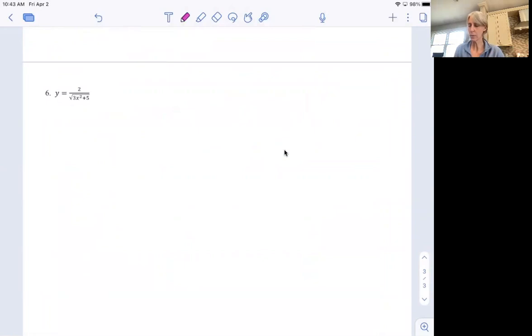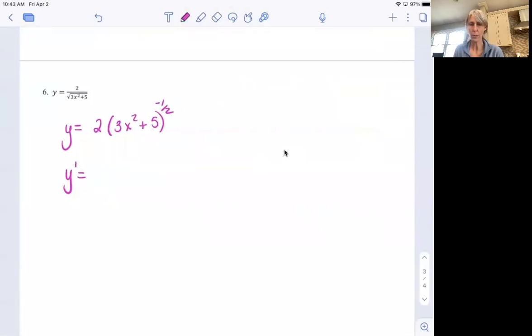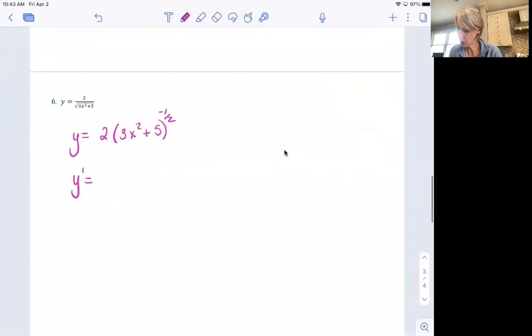In this example, nice and easy, all we have to remember to do is bring this radical sign up top and rewrite it with a negative power before we begin. I have something being raised to a power, so I'm going to use the chain rule. -1/2 times 2 is -1, right?